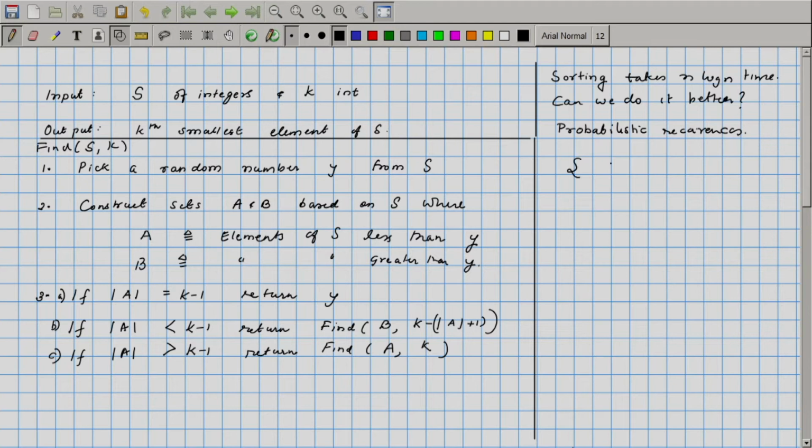So, if our collection was, say, 2, 8, 3, 9, and so on, containing 7 elements, and we wanted to find the fifth smallest element, suppose we randomly choose 3.